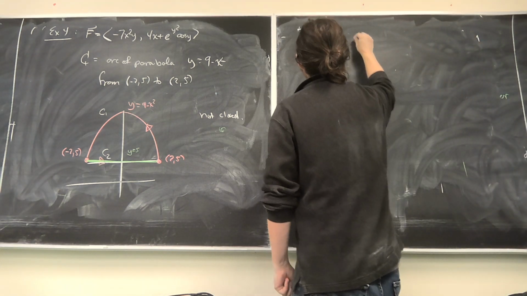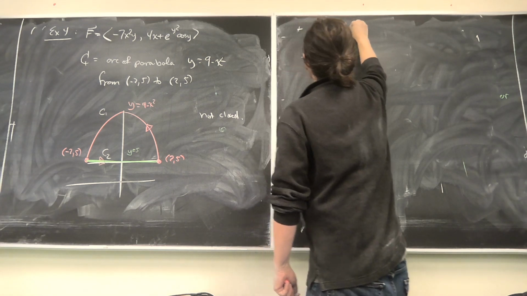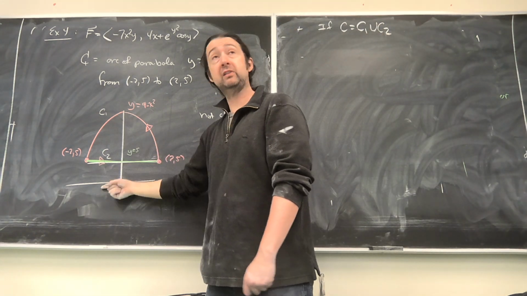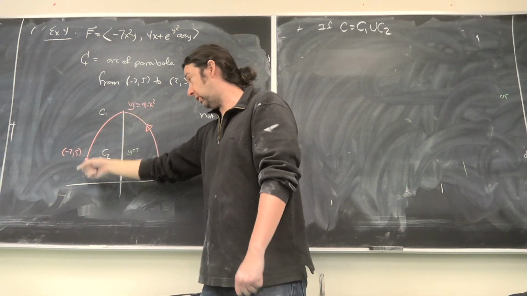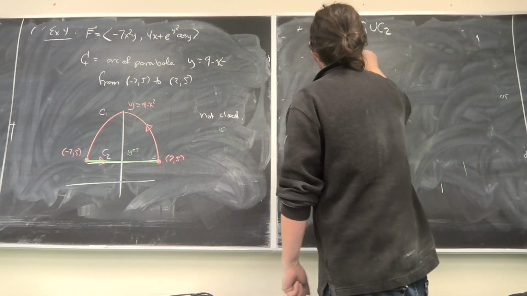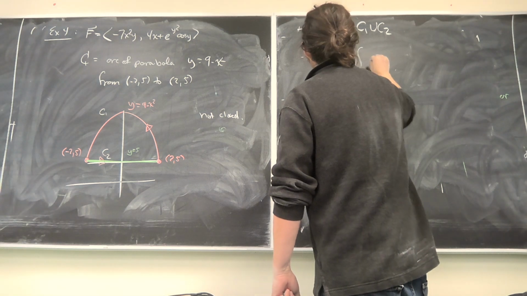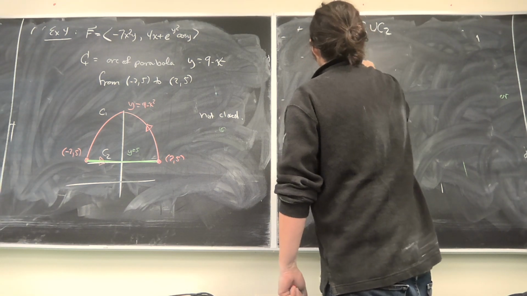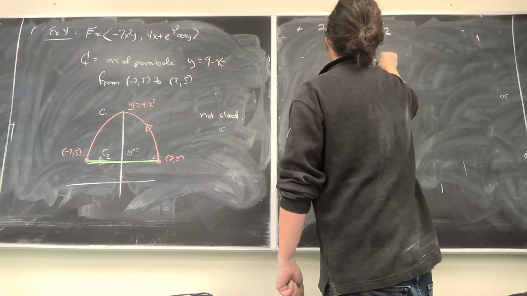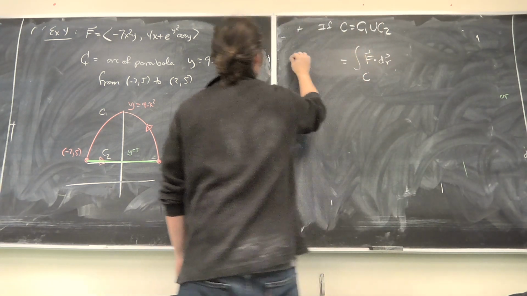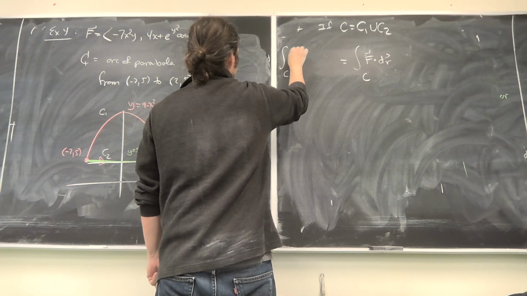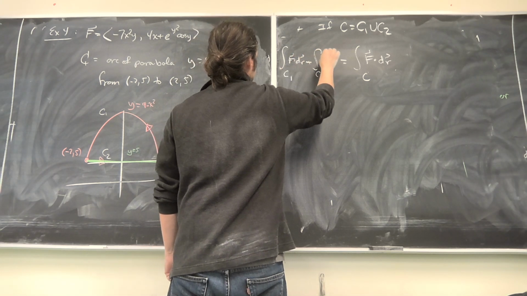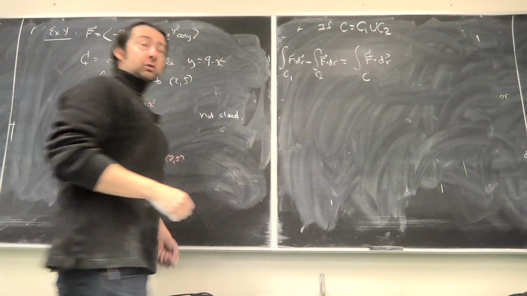So the claim is, if C is equal to C1 union C2, that is, if the boundary curve is both of these things done in a row, first do C1, then do C2, then the integral over C of f dot dr is equal to the integral over the first part of f dot dr plus the integral on the second part. Integrals pull apart into pieces.